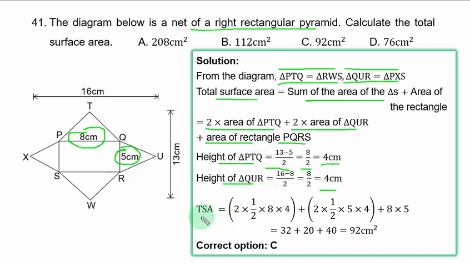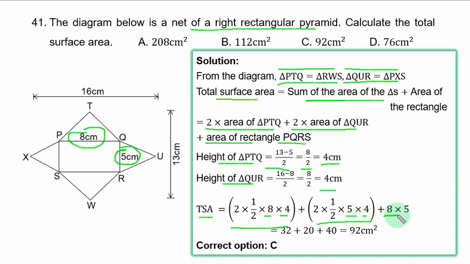So therefore, total surface area is 2 times the area of the first triangle. That triangle, the base is 8 and the height is 4. The second triangle, that is QUR, the base is 5 and the height is 4.